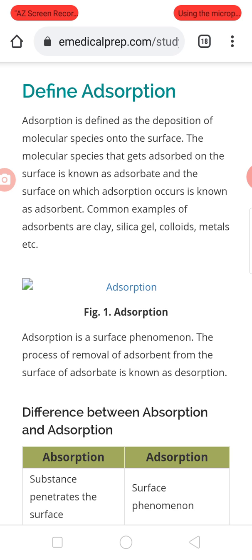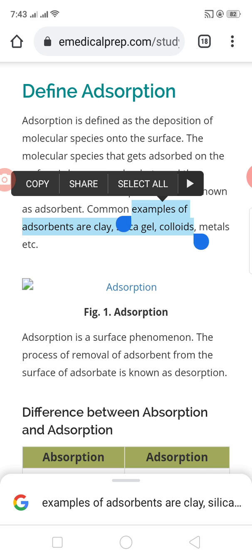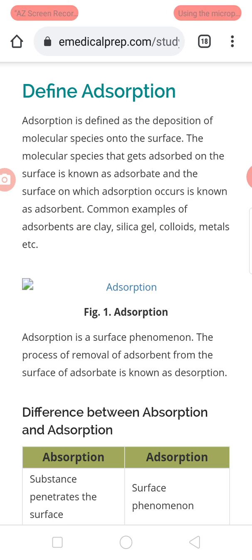Adsorption is defined as deposition of the molecular substance onto the surface. Adsorption is a surface phenomenon in which molecular substance get adsorbed on the surface of the solid.